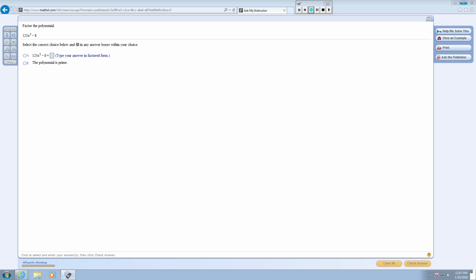So a cubed is equal to 125x cubed, and b cubed is equal to 8. Well, we don't need a cubed and b cubed. We need what? We need a and b. So you don't put 125 and 8 in there.